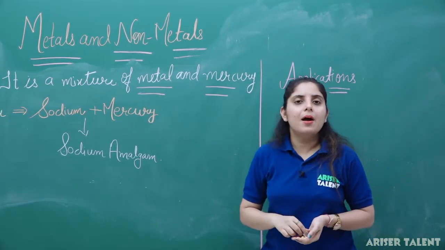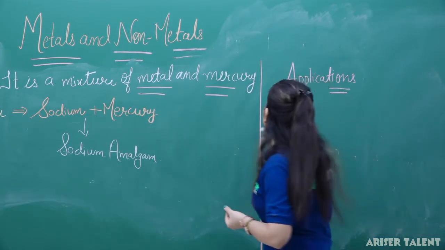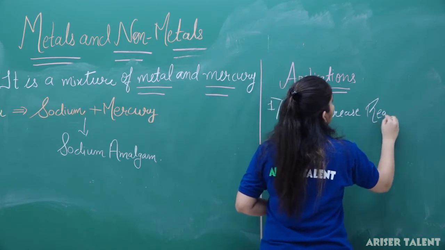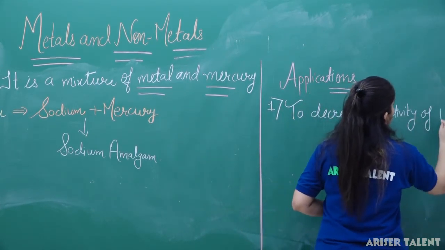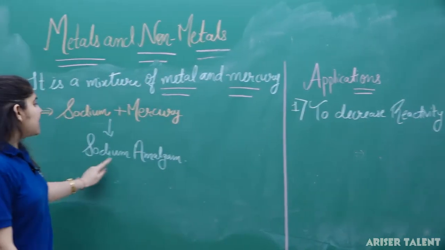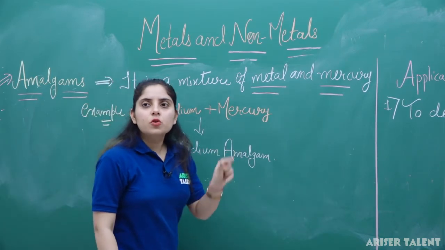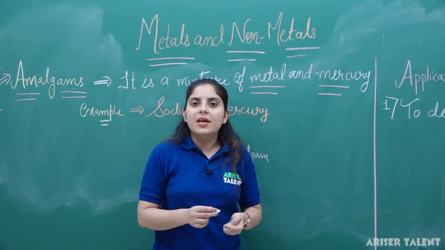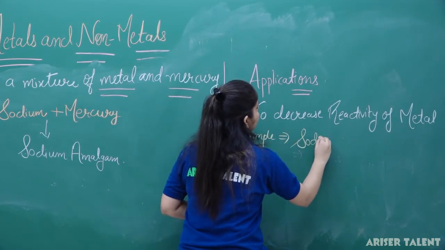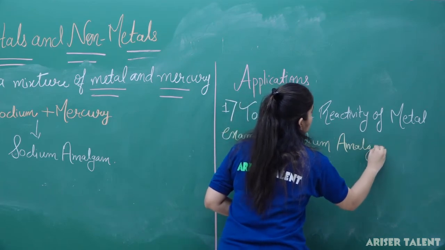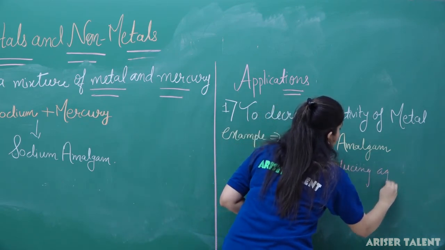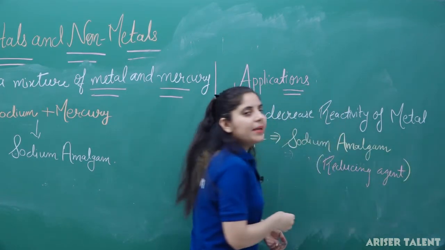The basic applications of amalgam are, first, it is used to make the metal less reactive, to decrease the reactivity of a metal. Taking the basic example of sodium amalgam, it is used to decrease the reactivity of sodium, and it is widely used as a reducing agent. So it is the first application of using amalgams.